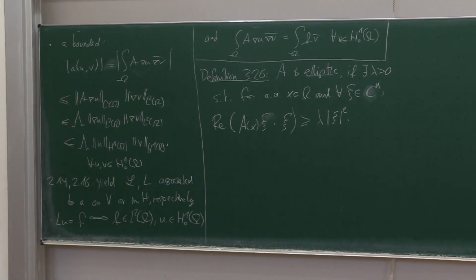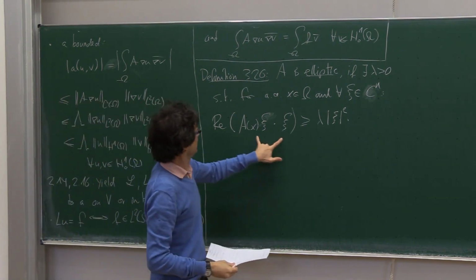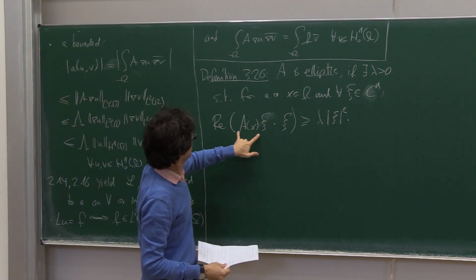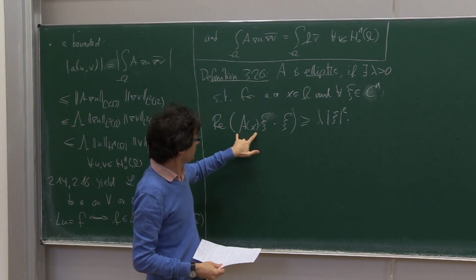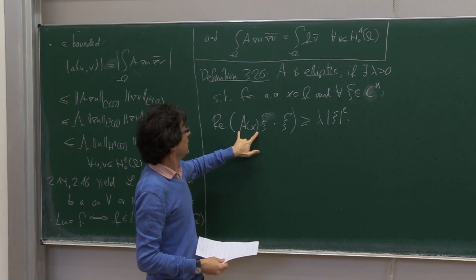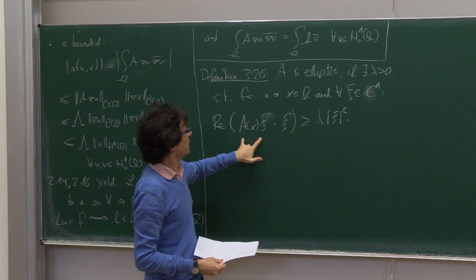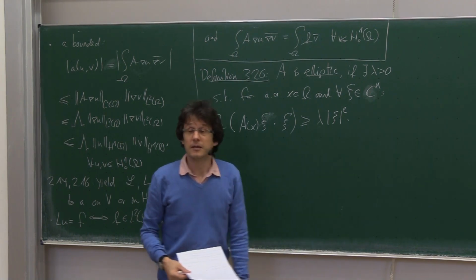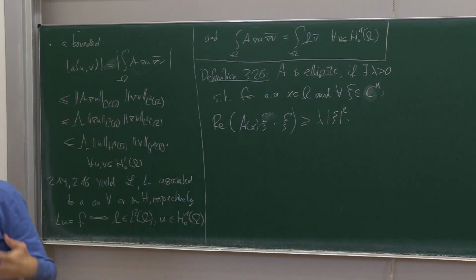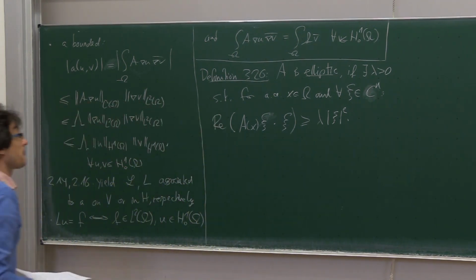You can see this as some sort of uniform positive definiteness of the matrix A. It's not really, because you have this real part and so on, but you need this estimate for the quadratic form given by A(x). This is what is written here, the quadratic form given by A(x). And this quadratic form in real part must be uniformly in x bounded from below by some constant times the square of the modulus of psi.